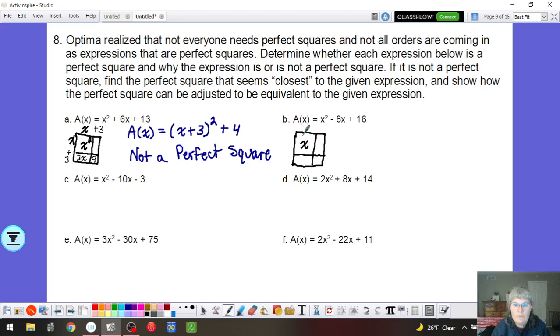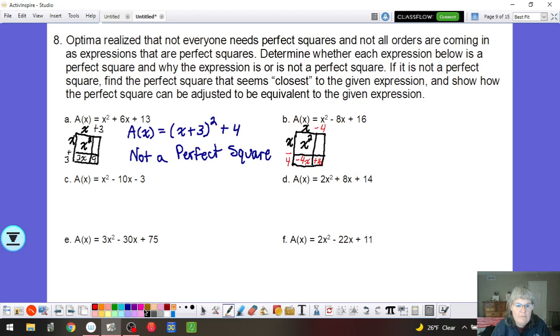We have our x squared, which is made up of x and x. We need to divide up or split up the minus 8x, so that will be a negative 4 and a minus 4. So each rectangle is representing a negative 4x for a total of negative 8x. And then negative 4 times negative 4 is plus 16.